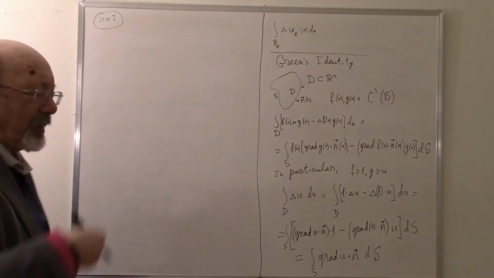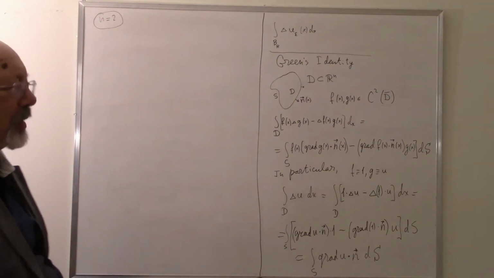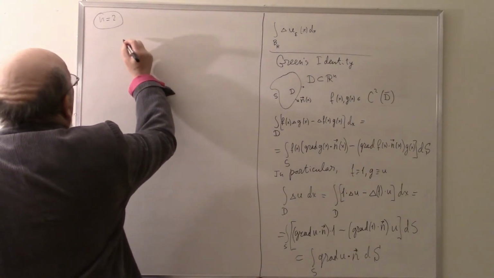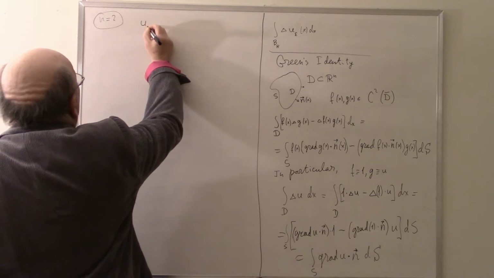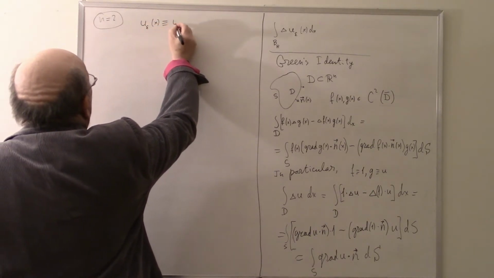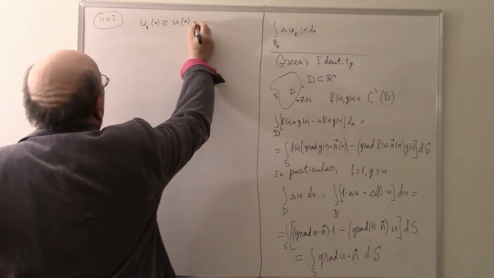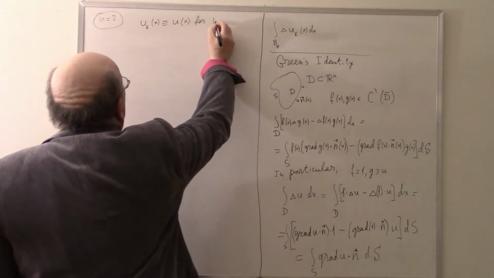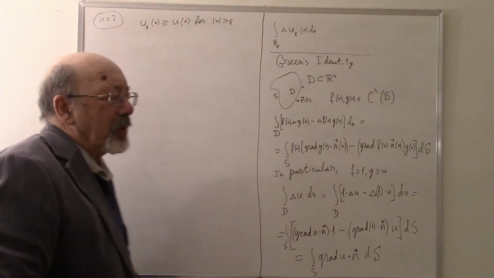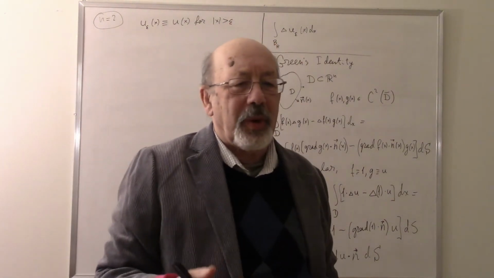In this case, the sphere is just a circle of radius r. u epsilon of x equals u of x for modulus x more than epsilon, so we do it not for u epsilon but for u.